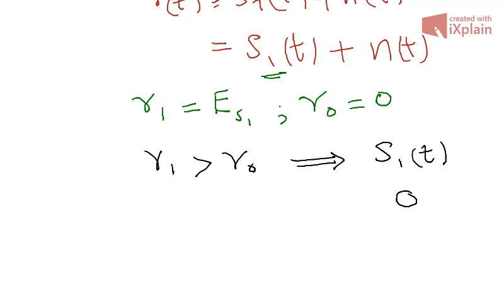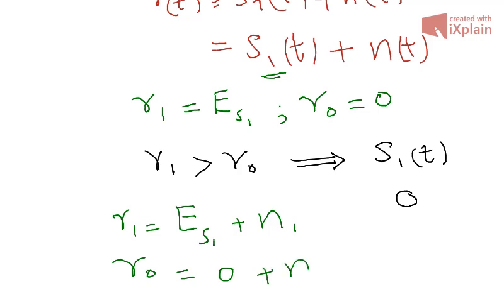If you have noise, then your R1 would be the energy of the signal plus noise, right? And your R0 would be 0 plus noise. This would be the case when you assume that your received signal is S1 of t plus n of t.